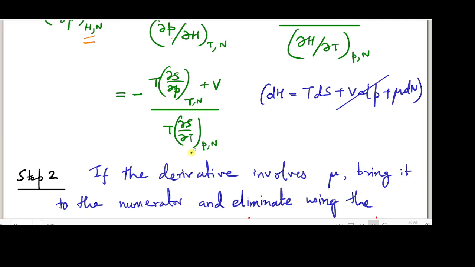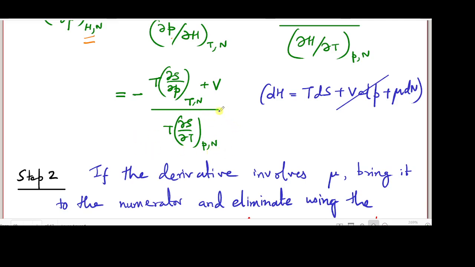Remember, Maxwell's relations only relate coefficients of one term differentiated with respect to the variable in the other term. T and S are always in the same term, either T dS or S dT. So Maxwell's relations will never have a del S del T or del T del S. But, as we have said, that's not a problem.